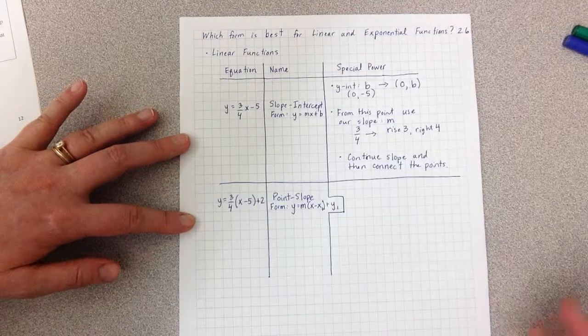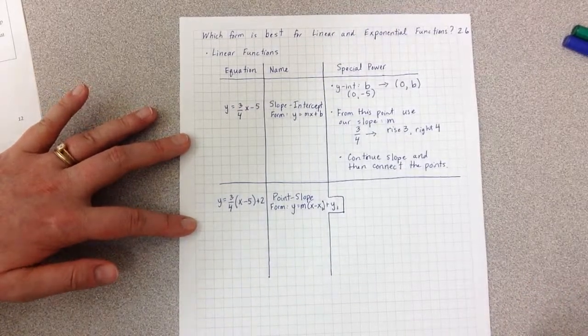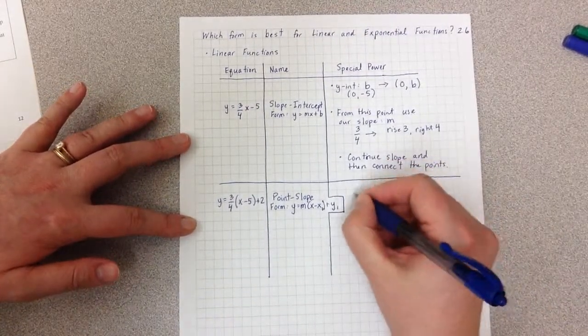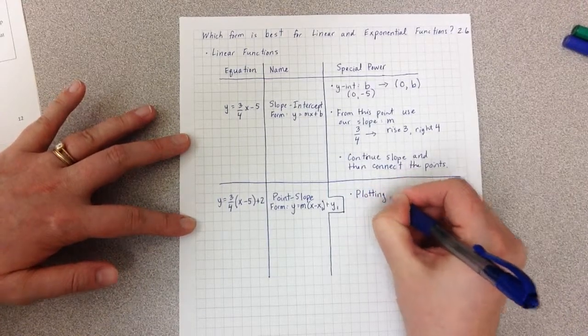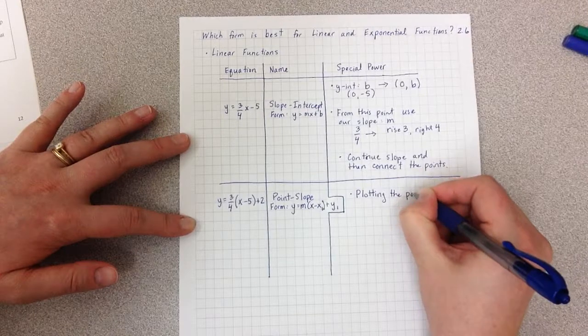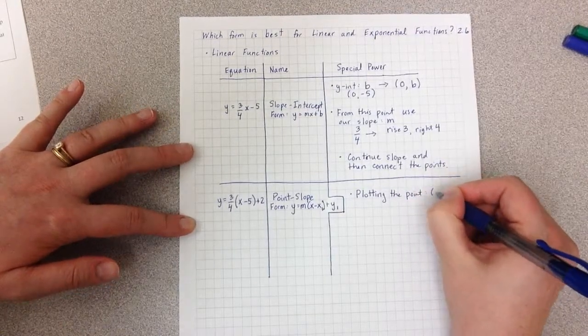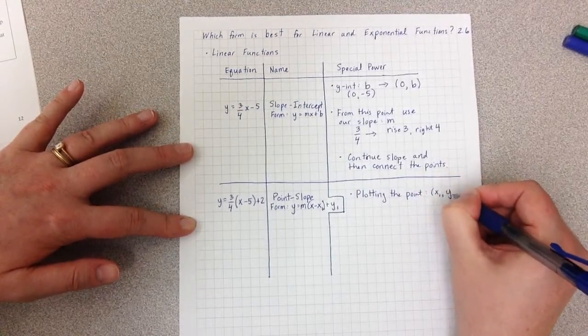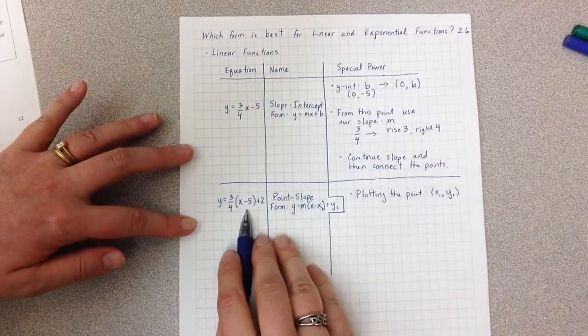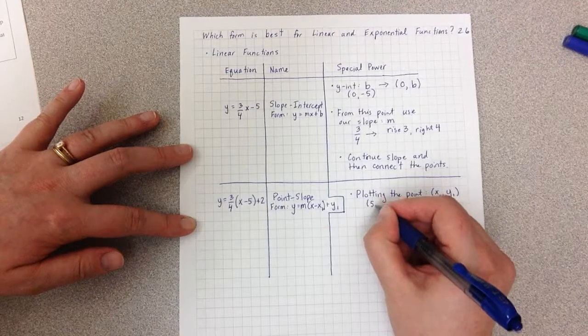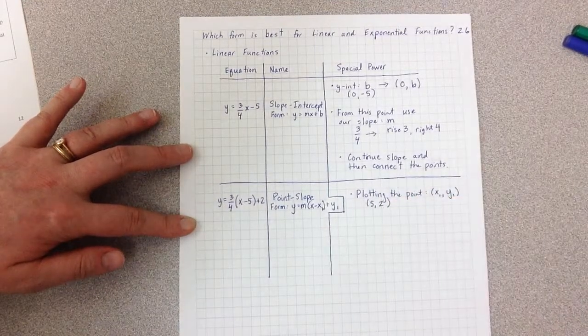The powerful part about this form is that it gives us a point. So we start by plotting the point, which is (x1, y1). In this example, that point is going to be (5, 2).